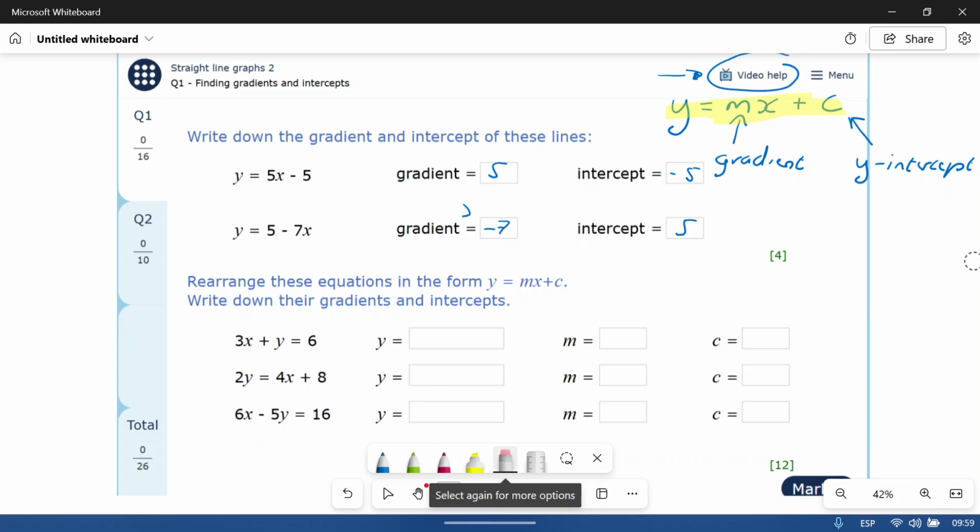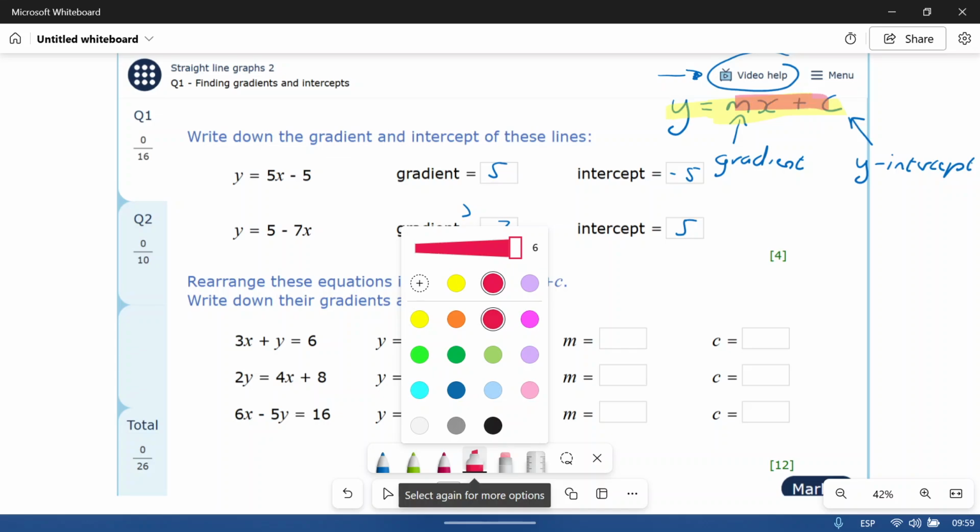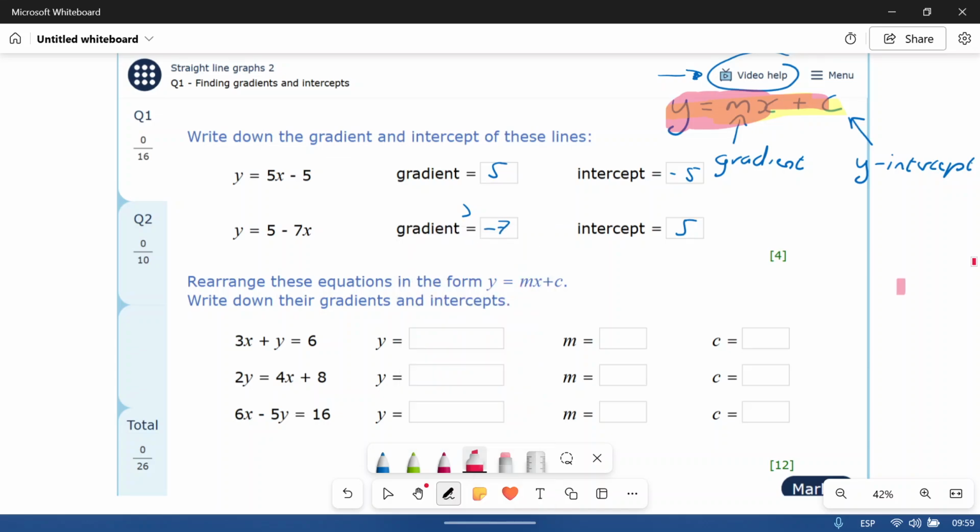Okay, next one, they have just mixed things up. Remember, we want things in this form here. We want a y, then we want an equal, then we want something and an x, and then plus something or minus something. So this is just the wrong way around. We got 3x plus y equals 6.